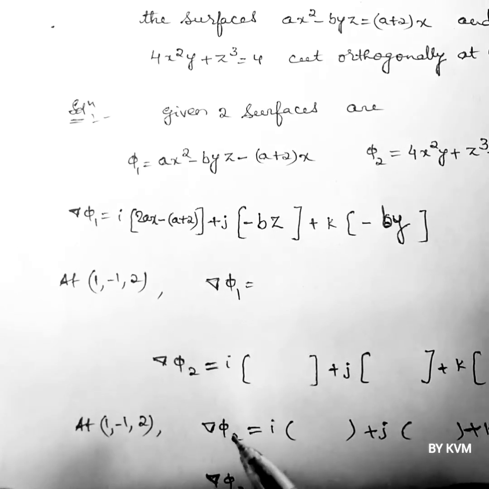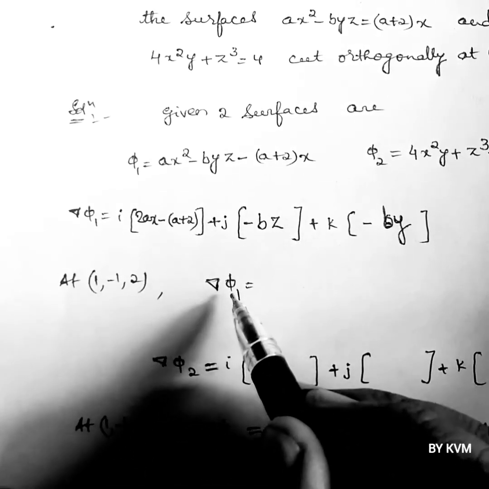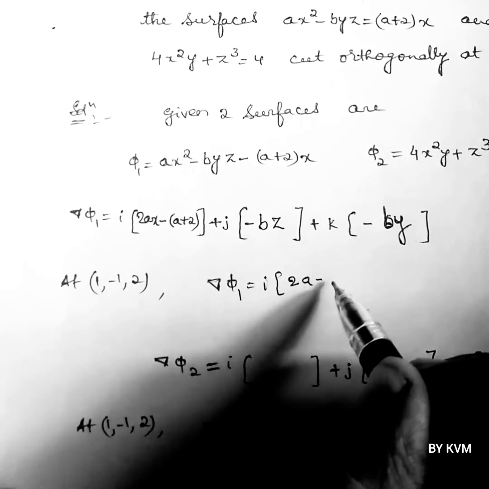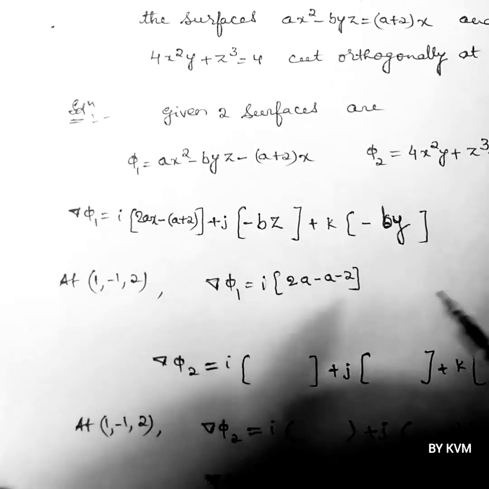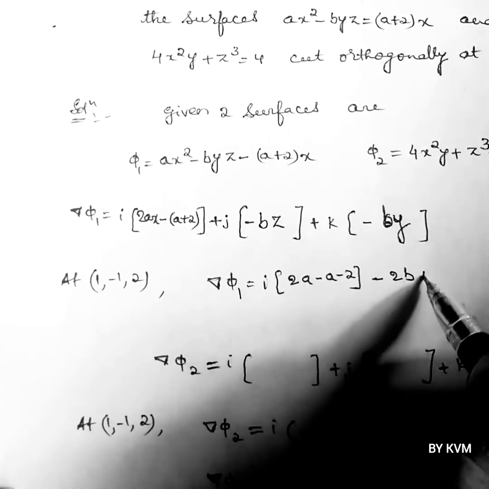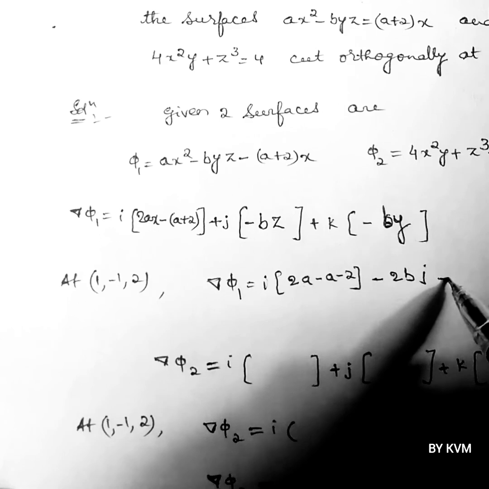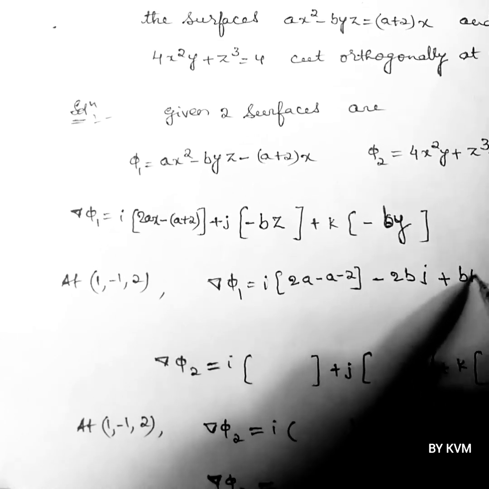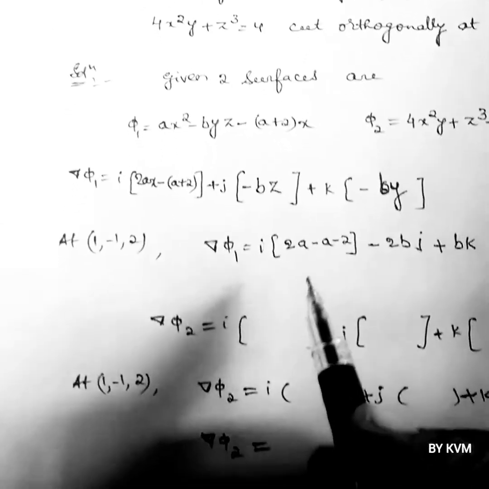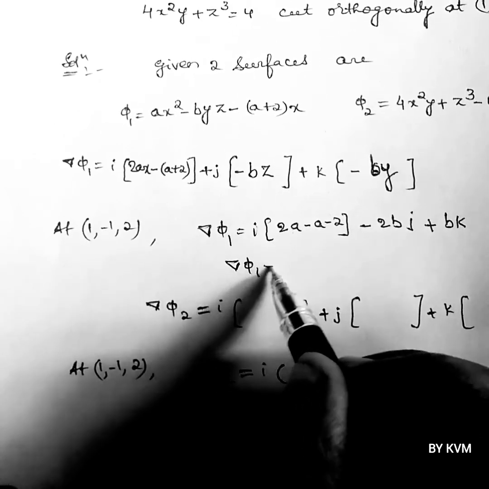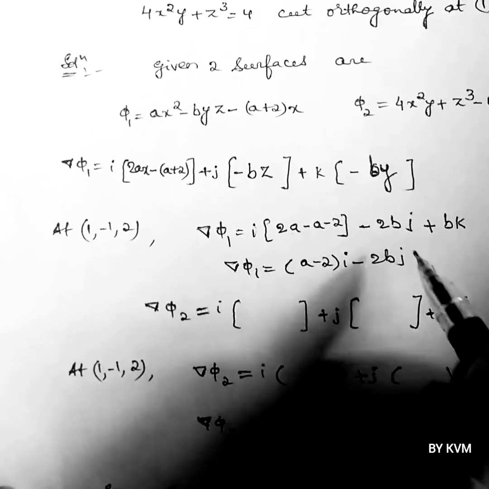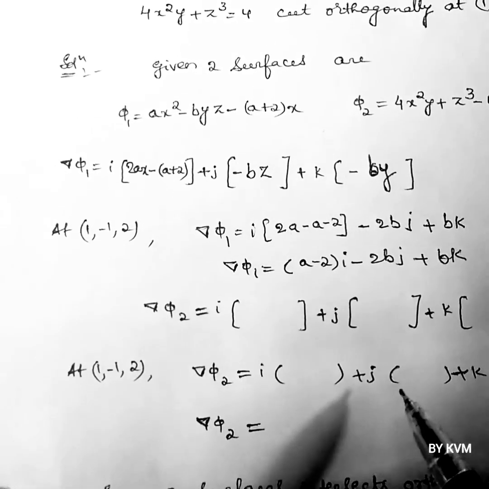So now at 1 comma minus 1 comma 2, del phi 1 is i into 2a minus a minus 2, minus 2bj plus bk, by taking x equals 1, y equals minus 1 and z equals 2. So therefore del phi 1 is a minus 2 of i minus 2bj plus bk.